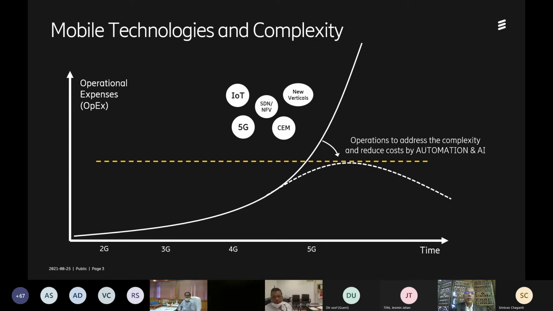So there are more and more services that are leveraging the telecom network now, whether it is about mission critical applications, whether it is about IoT, whether it is about real time use cases that are built on top of 5G. So that is one dimension. The second one is the disaggregation of the infrastructure itself.